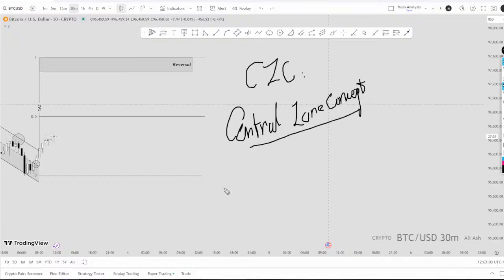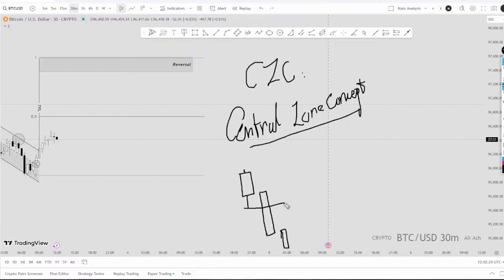So if you know the FVGs, let's suppose this is the candle, and here comes another one, and then the next one comes here.